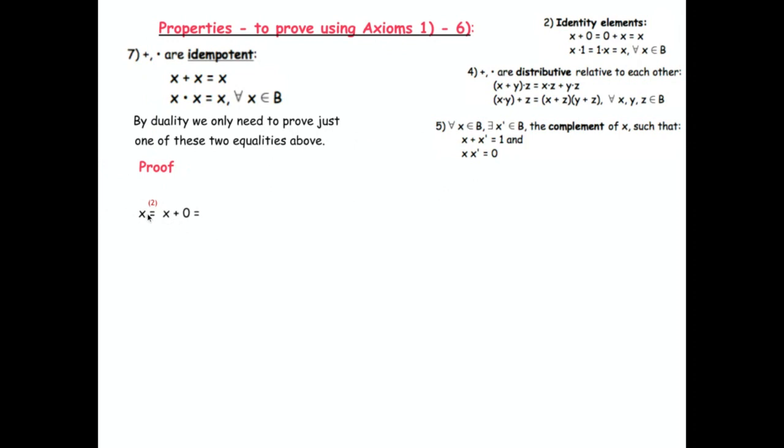Because of the identity element axiom, X is the same as X or 0. So we're unfolding X effectively.